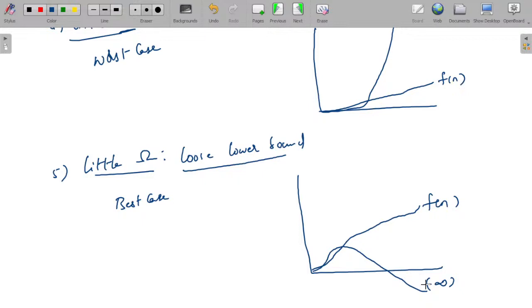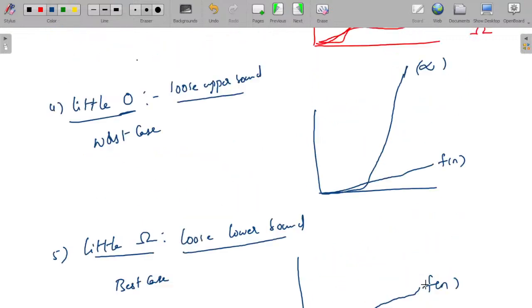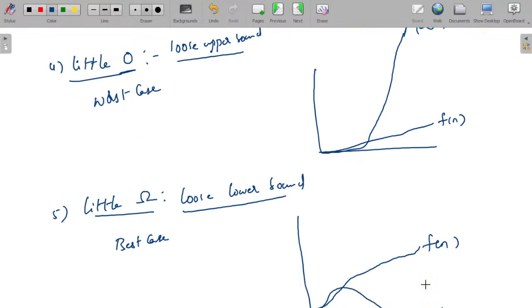Hope you have understood the time and space complexity and also asymptotic notations. If you have any doubts, you're free to ask your questions.